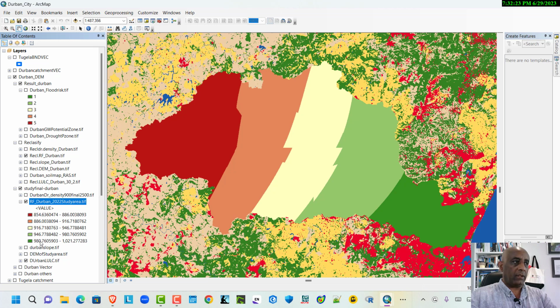From 918 up to 1000, this is the area where annual rainfall is not much. And whenever it rains, it doesn't mean that the area will be flooded. It means the flooding occurs when there is an event, high intensity rainfall.